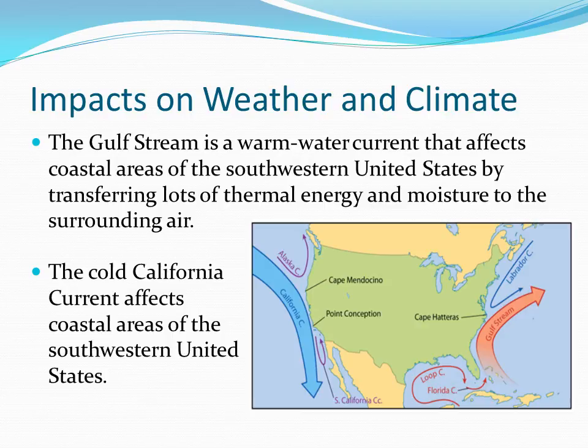It keeps the water warm, and as a result, it keeps the air temperature warmer here in the southeast. We talked about the temperature of water and how the specific heat of water tends to be very high. Therefore, the air temperature is greatly affected by the temperature of the water.